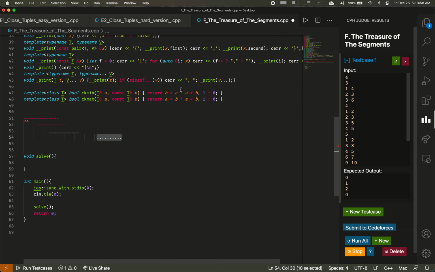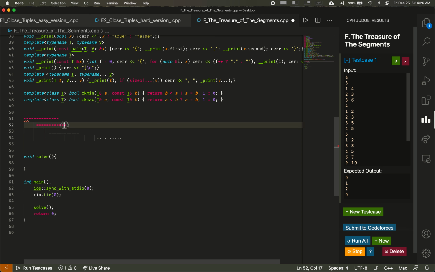Let's go through all the segments and say that it's the main segment, the segment that intersects with all the other segments in the final set. Let's assume this is our big main segment. It intersects with this and this, so the only segment that this main segment does not intersect with would be this last one.